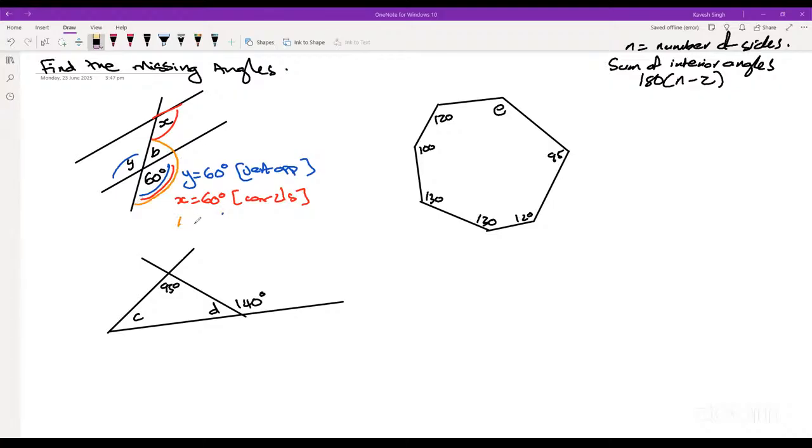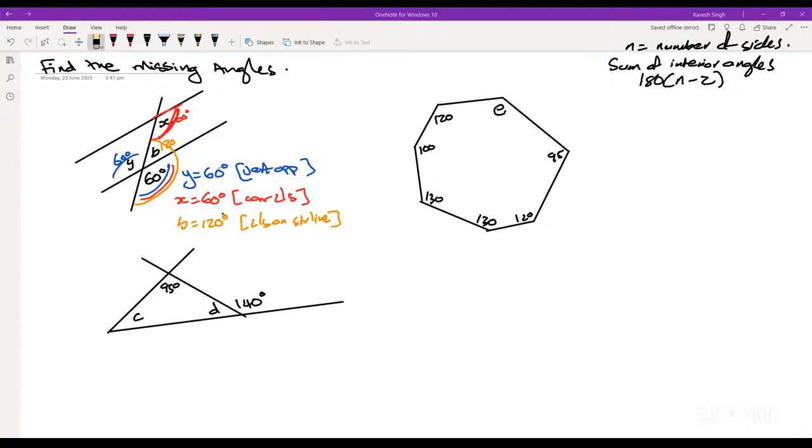And so b equals 120 degrees, because if this is 120, it'll add up to 180. That's adjacent angles on a straight line. Okay, so b here will be 60 degrees. And over here, this was 60 degrees as well. It could also be alternate to y as well.